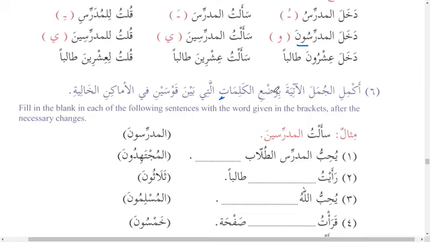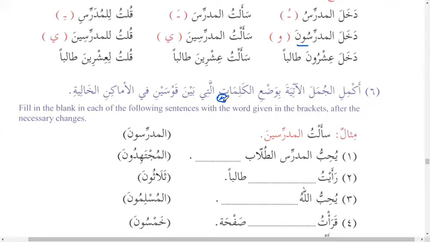The mudaf will not have al, and most of the times it's a common noun, and mudaf ilayh will come with al, and most of the times it's a proper noun, and it is always majroor. So when you see a combination of common noun and proper noun, and when you don't find tanween here, and when you see that this is majroor, that means this is mudaf ilayh, and we are using it for possession, to talk about the possession of a person, milkiya, like tamlik, when someone possesses something.